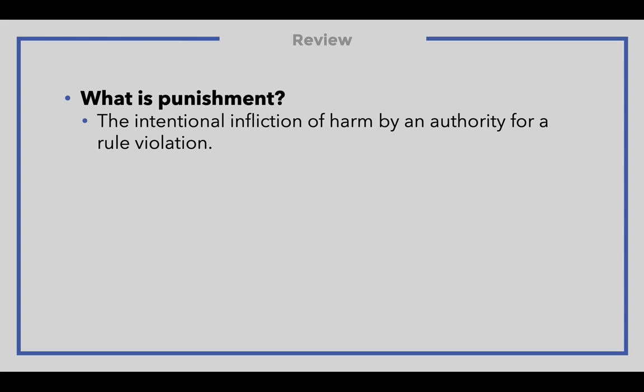So it's the intentional infliction of harm by an authority, someone in charge, someone the law has given the power to enforce the rules. And that gets to the last part: for a rule violation. Someone has to have done something wrong, violated a rule.